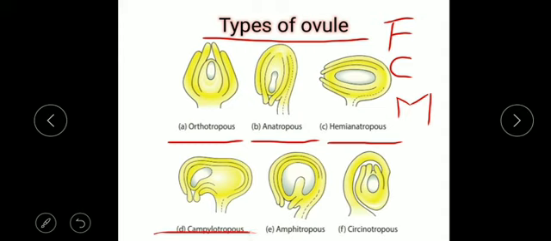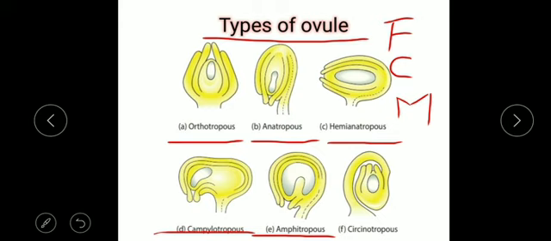And finally, second last is amphitropous. Remember amphitropous. Amphi means what? When two things are present, like when you say amphibian plants, the example is the bryophytes. The bryophytes survive on land as well as in water. When we say it survives in both, that is amphi.